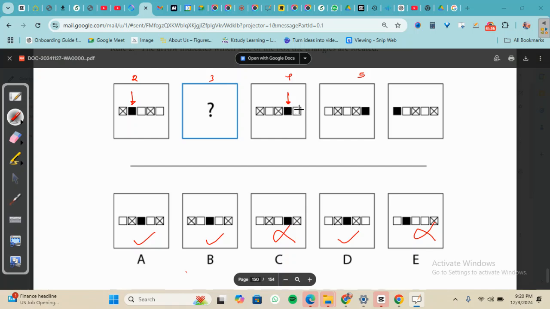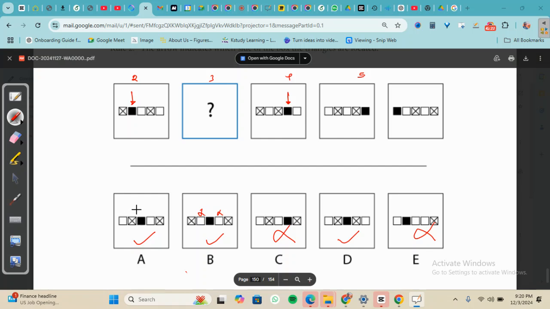This black box is actually in between the X box and the empty box, correct? So between these two, which one has X and empty? For this one it is empty and empty. I think this is better, right? I'll go with the explanation.